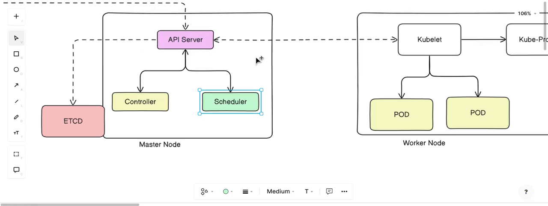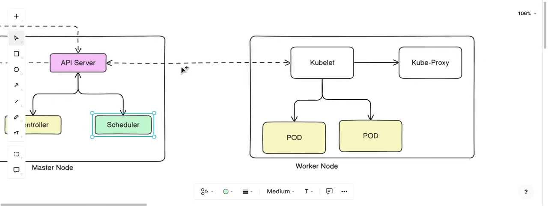Now how is the API server sending a request to the kubelet, and what is happening here? In the worker node, there are three components again: kubelet, kubeproxy and pods. Pods can be n number. But what is the kubelet doing?